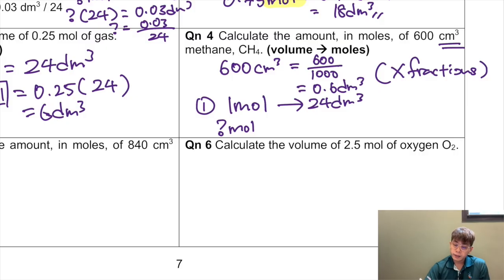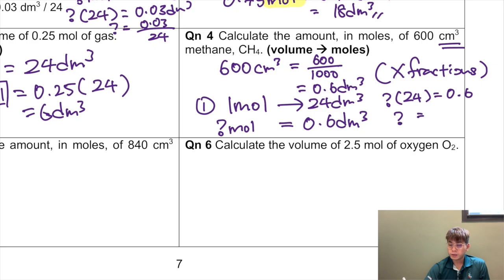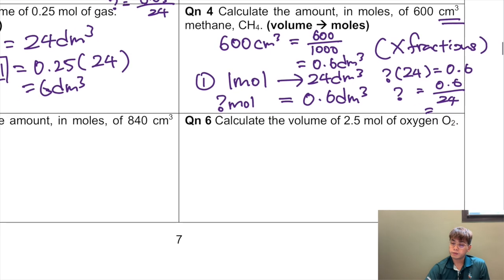It is equivalent to 600 cm cube, which I converted to 0.6 dm cube already. Then I can do the math. The question mark mole changes to what mole means, which is 24 for gases. So the question mark is 0.6, bring the 24 over. Let's press the calculator: 0.6 divided by 24.